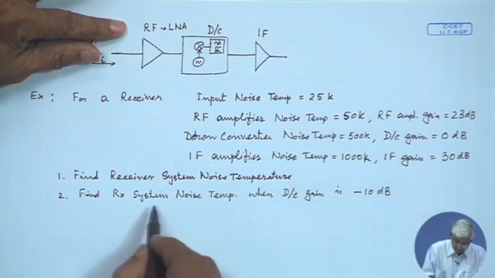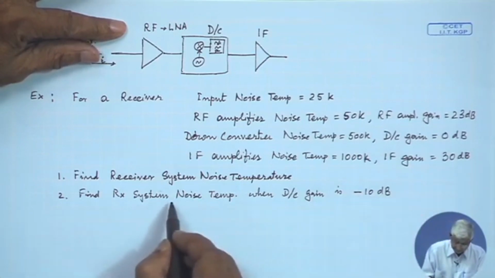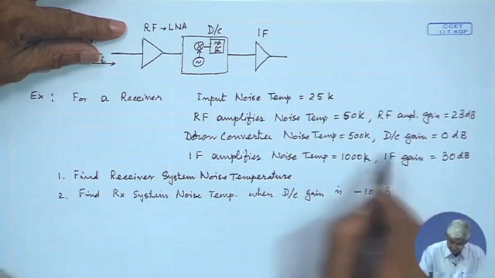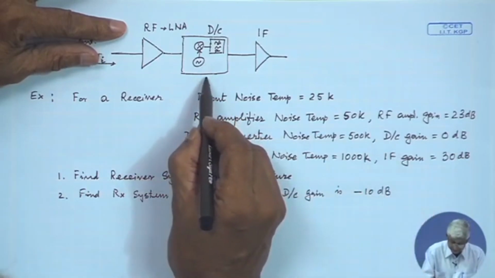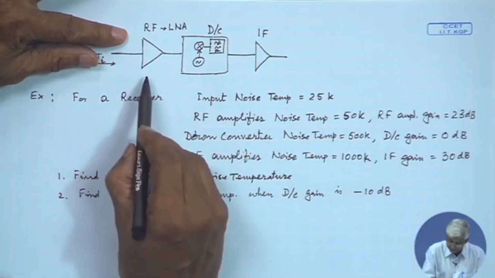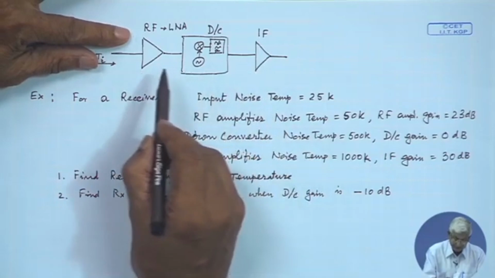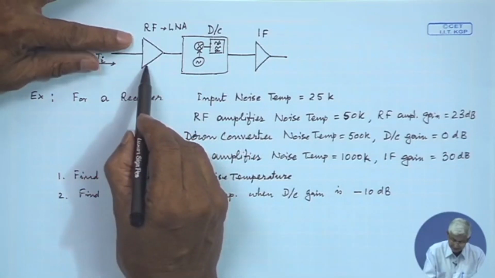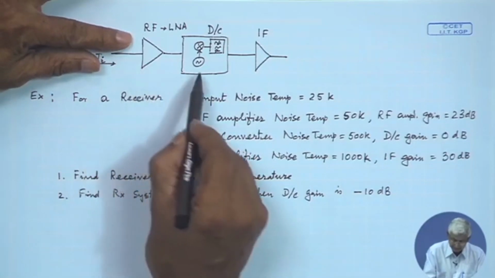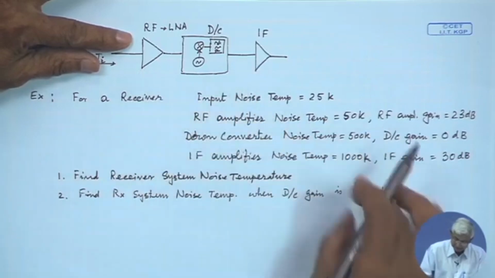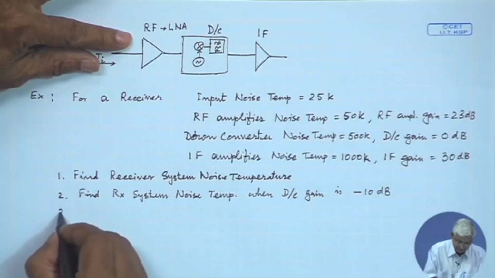And then what is the effect of this? Much more important is that now this gain is reduced, but the effective noise temperature is mostly dependent on the gain of the first stage. Some effect of the second stage will appear, so you will find a little change.